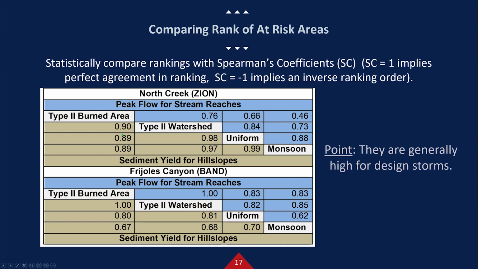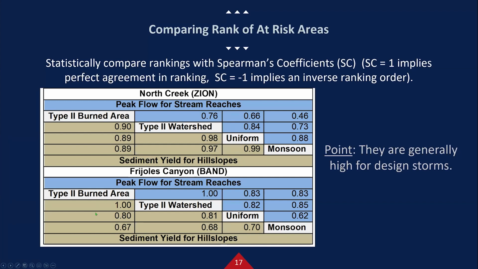So if the ranking agrees well, 0.9 or 0.89 and above, it says it's just about as good as applying the actual observed event. And we can see here for sediment, we get very high agreement, not as good for the peak flow. Our lowest, I guess, is 0.46 here.